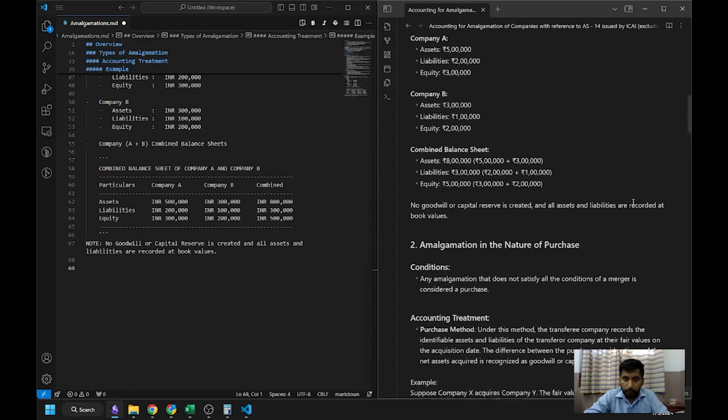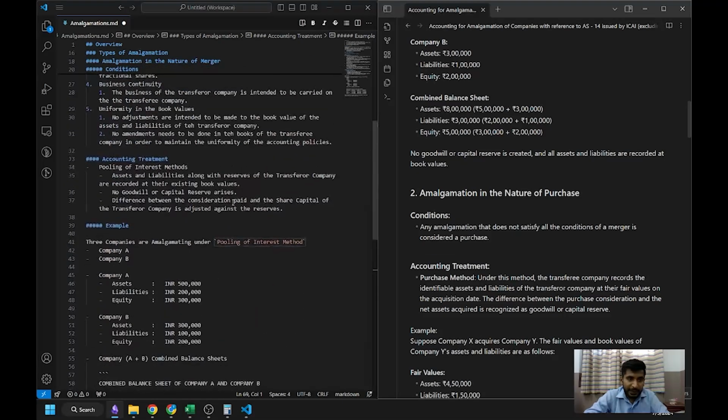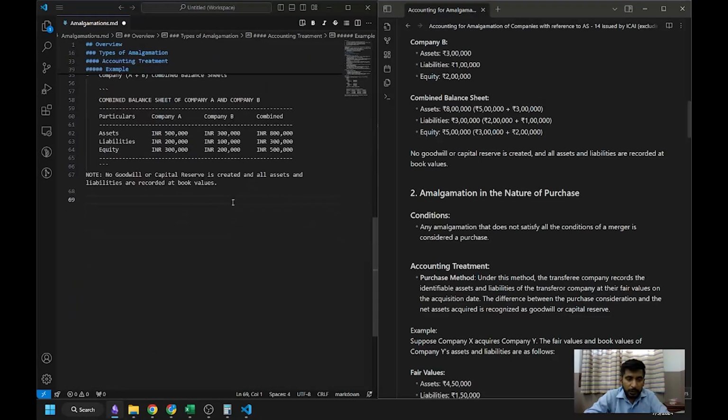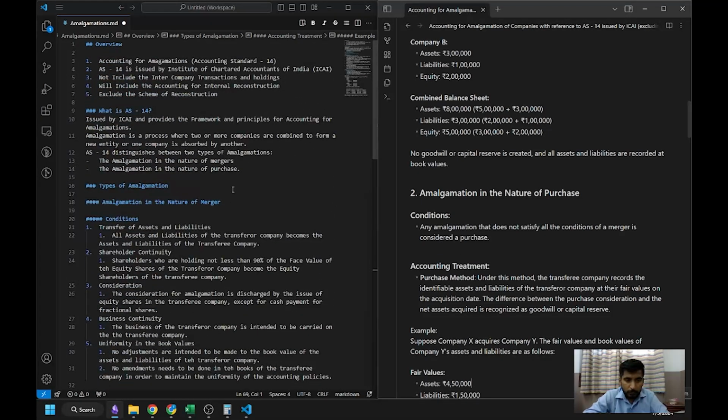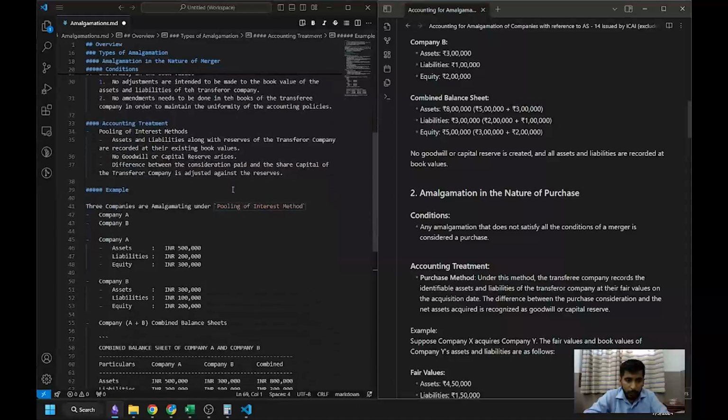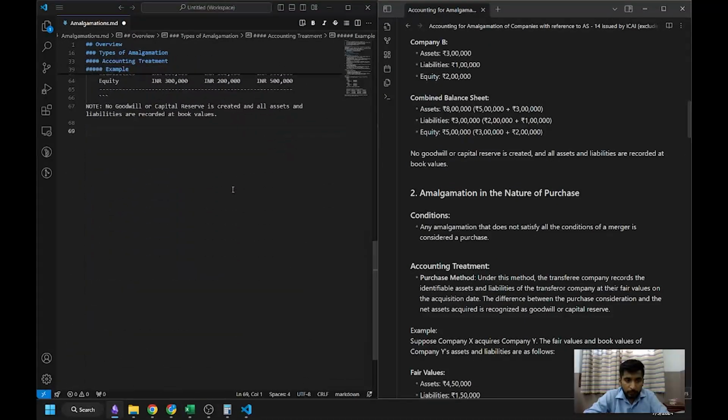Then we'll talk about the second method, that is the amalgamation in the nature of purchase. Here, it has some certain conditions as well.